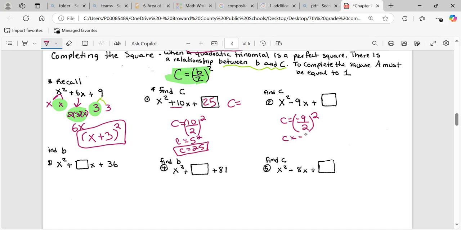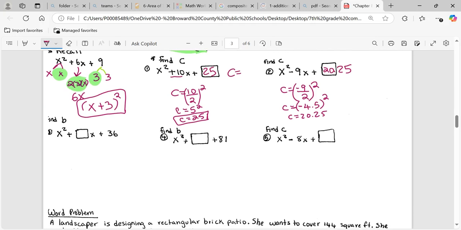That's okay. That's negative 4.5. And then I need to square negative 4.5. So negative 4.5 times negative 4.5 is going to give me positive 20.25. That means to complete the square, this would be 20.25.